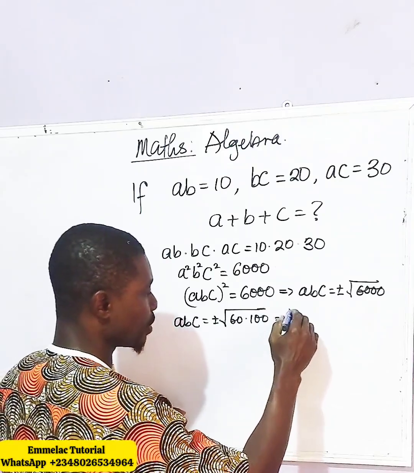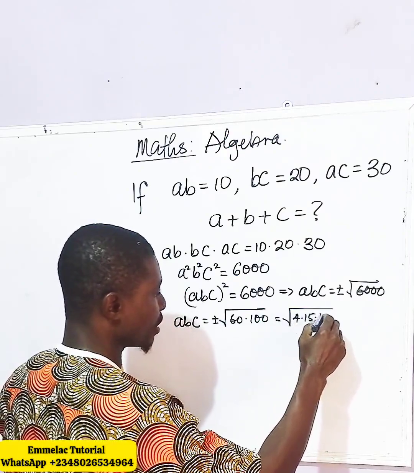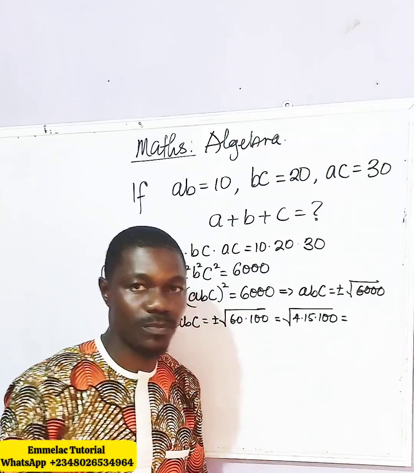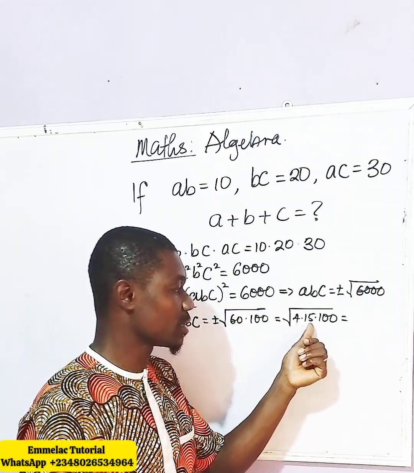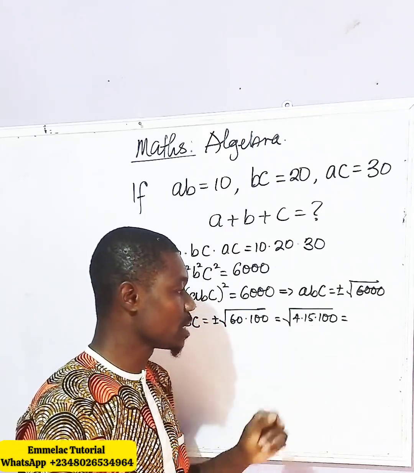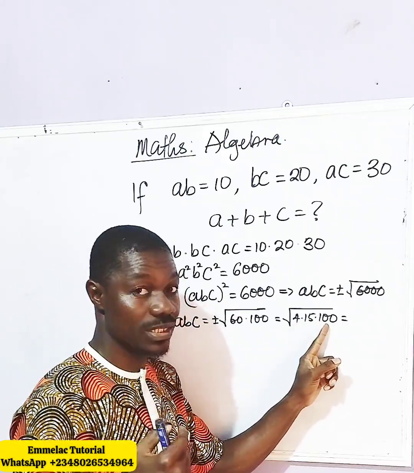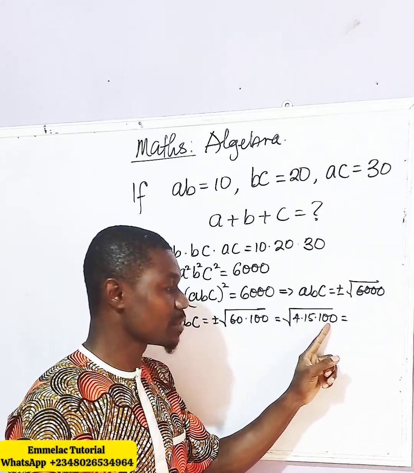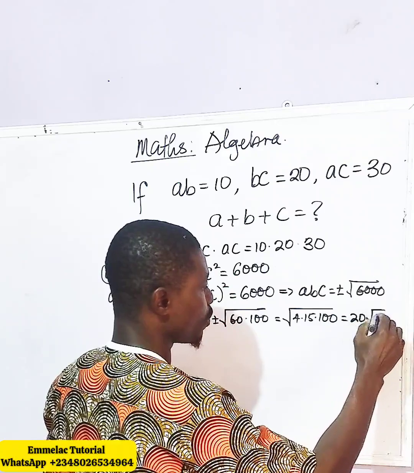Why I'm doing this is to ensure that I simplify everything accordingly. So at this point now, I've gotten two perfect square numbers and an imperfect one. The square root of 4 is 2, the square root of 100 is 10, so 2 times 10 will give us 20.